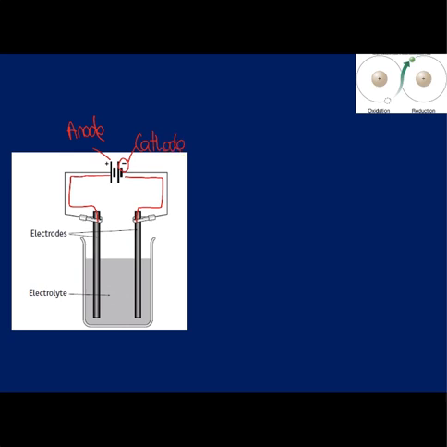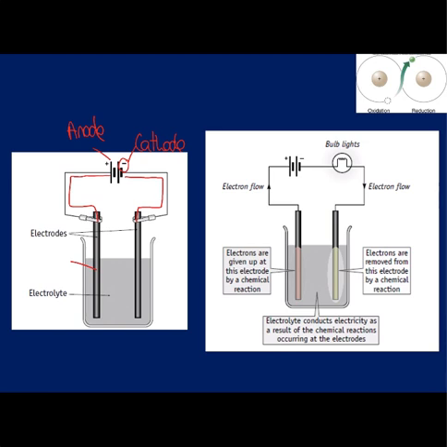So if anode is where oxidation happens, oxidation is loss of electrons. I'm just going to change the picture slightly. You don't have to draw in the extra bits, but this is where oxidation is happening. So you are going to have electron loss here.